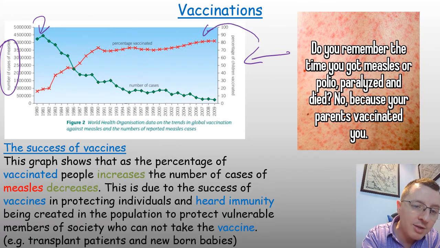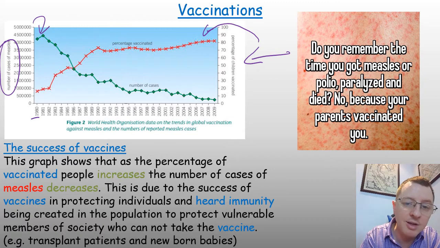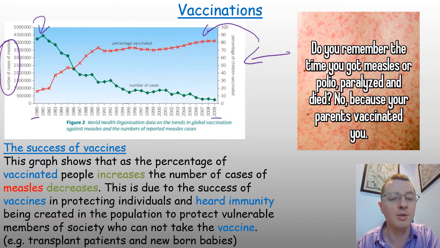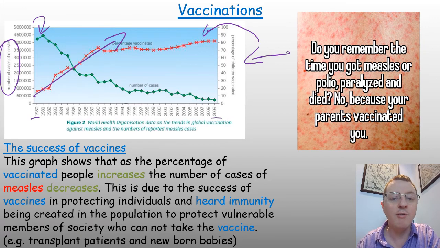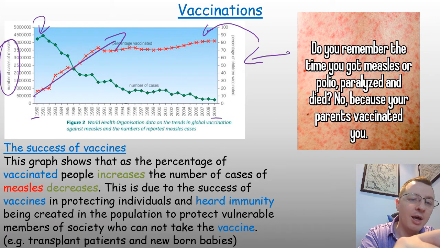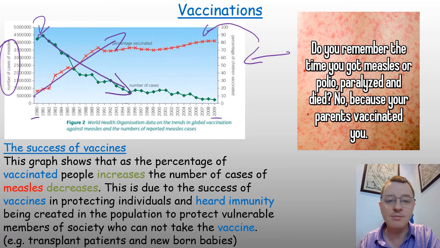And we're looking at data from 1980 all the way to 2009. And this graph clearly shows that as the percentage of vaccinated people has increased, the number of cases of measles has decreased. And this is due to the success of vaccines in protecting individuals, and also a herd immunity being created in the population to protect vulnerable members of society who cannot take the vaccine.